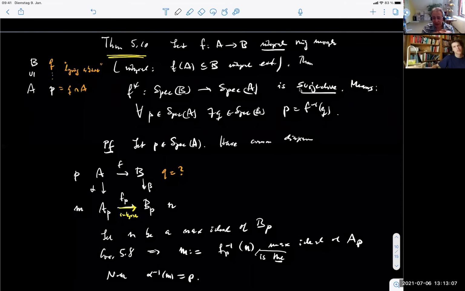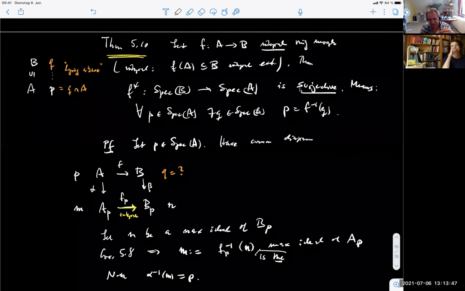If you try this, it's not clear that if you contract back, you get P. So you have to restrict your search space. If you extend in all of B, it will be somewhere and you don't have enough control. So the idea is we take the extension in BP. Instead of going to all of B, we only go to BP. And then we have enough control. That's the idea.